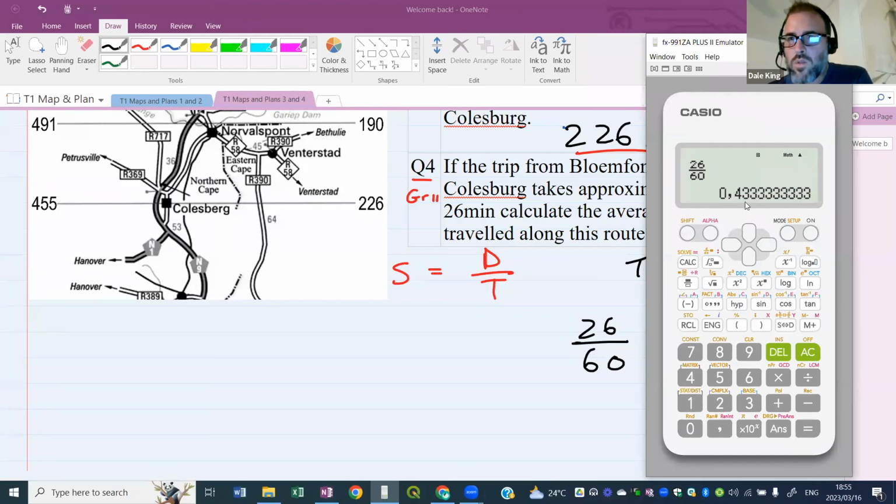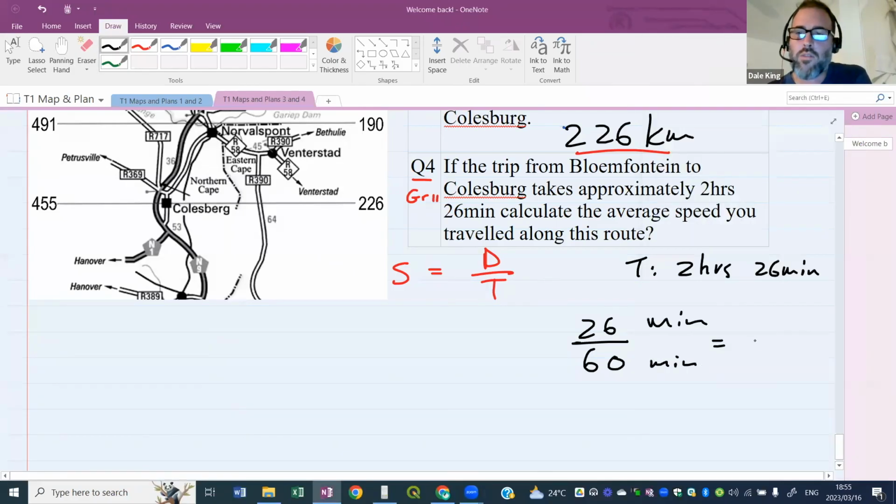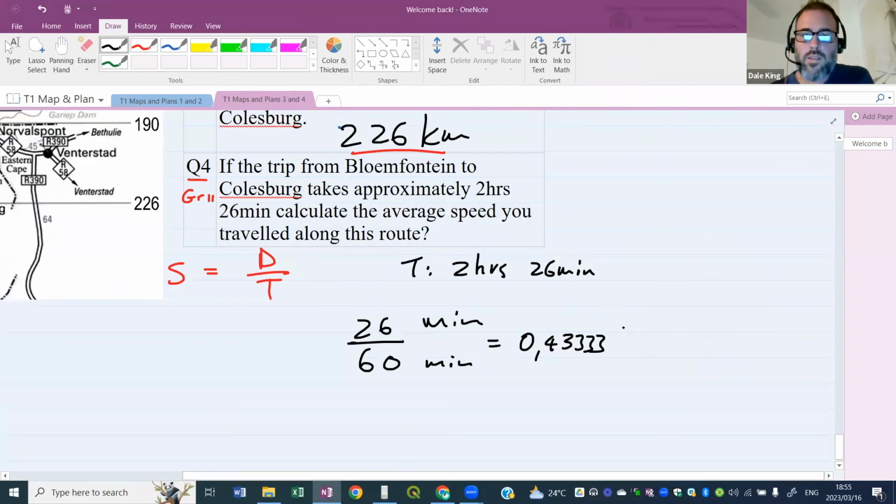I'm going to round this off to 2 decimal places, even though I just said don't round off during the question. All right, I'll write a couple of decimals. I'll do 4 or 5 decimals. That's safe. So 0.4333 hours.